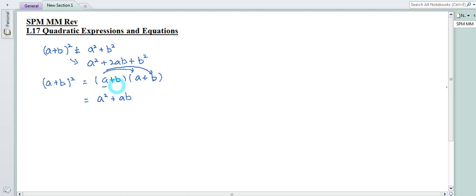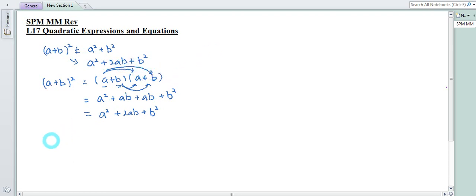Now we focus on this one. ba is actually the same thing as ab, so it will be b squared. These two are like terms. We can combine them together, becoming 2ab plus b squared. So that's why we know that (a + b) squared is equal to a squared plus 2ab plus b squared.